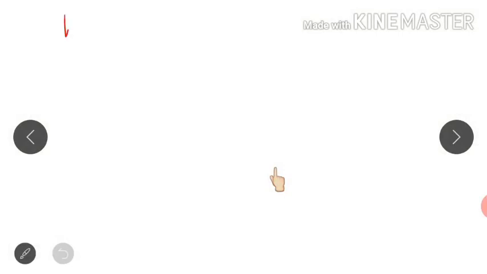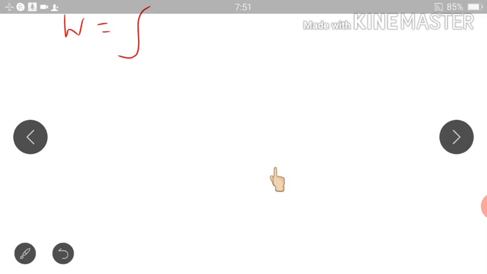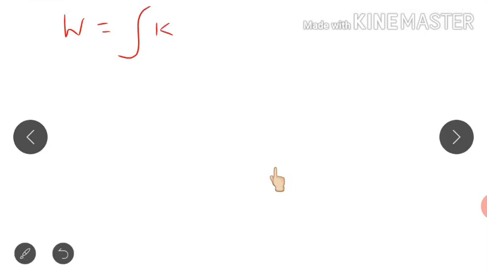So finally we'll have W is equal to integration of K Q Q0 upon x square dx, and the minus sign is also there. And the limit of integration will be infinity to r.